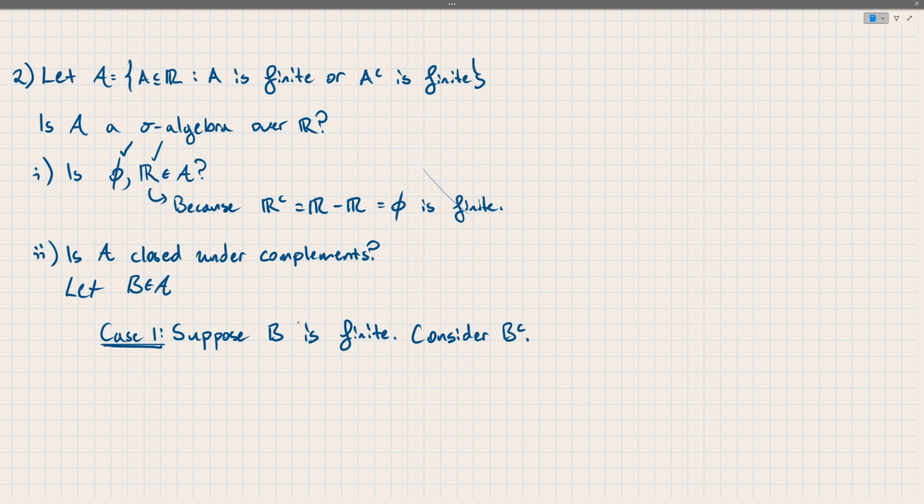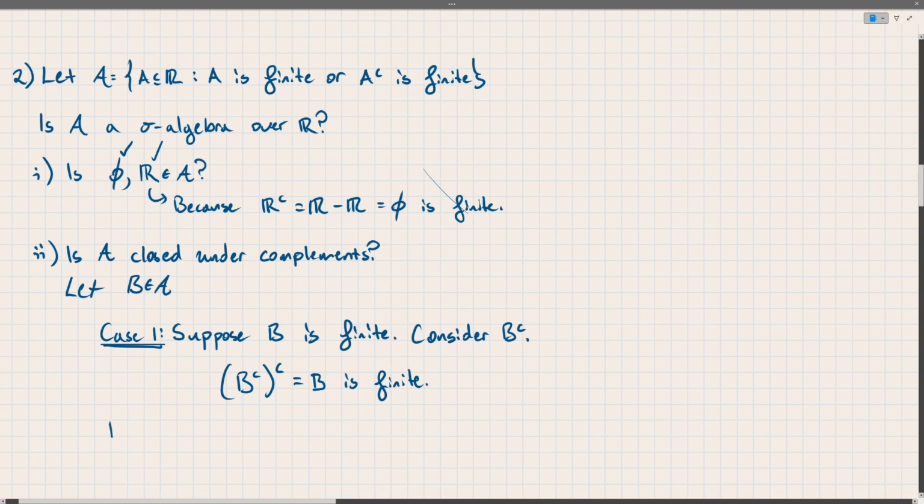Well, if B is finite, then B complement will be infinite. But if we take its complement again, we get B, and B itself is finite. So that's literally just saying the complement of B complement, which is B, is finite. And with how we've defined A, since the complement of B complement is finite, B complement is an element of A.